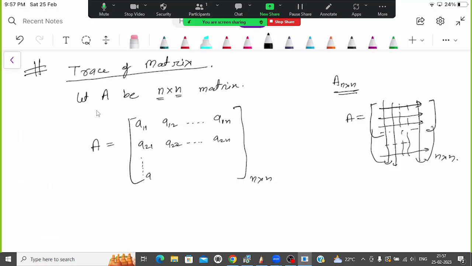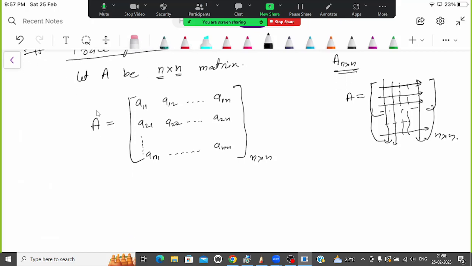Similarly, the last row is nth row, first column, up to the last element. This is n cross n element.